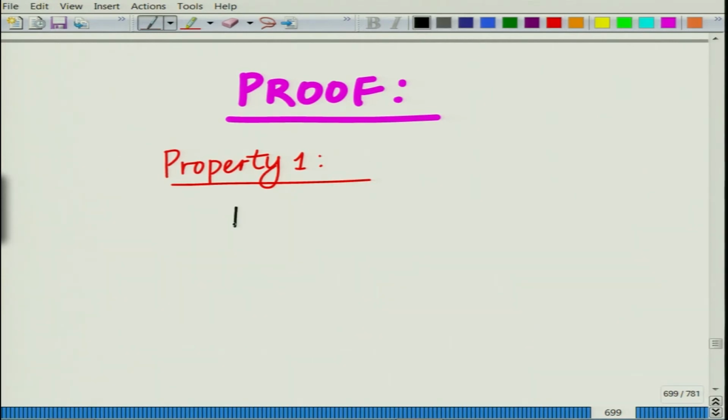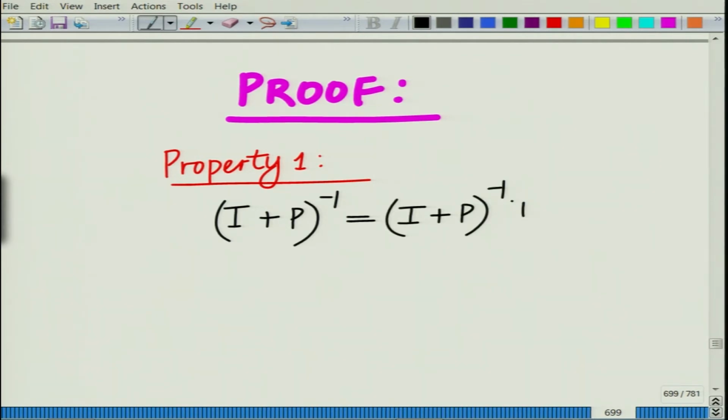For property 1, let us consider the matrix I plus P inverse. I can write this as I plus P inverse times the identity, which I can now write as I plus P inverse times I plus P, nothing has changed since this is simply the identity matrix.